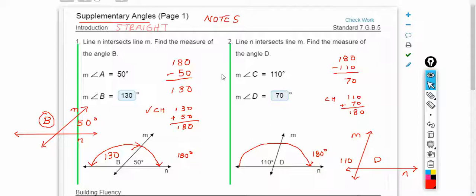Take a second to put that in your notes. Obviously pause it, and what I would suggest is once you put 1 and 2 in your notes, then go down and complete the bottom half.